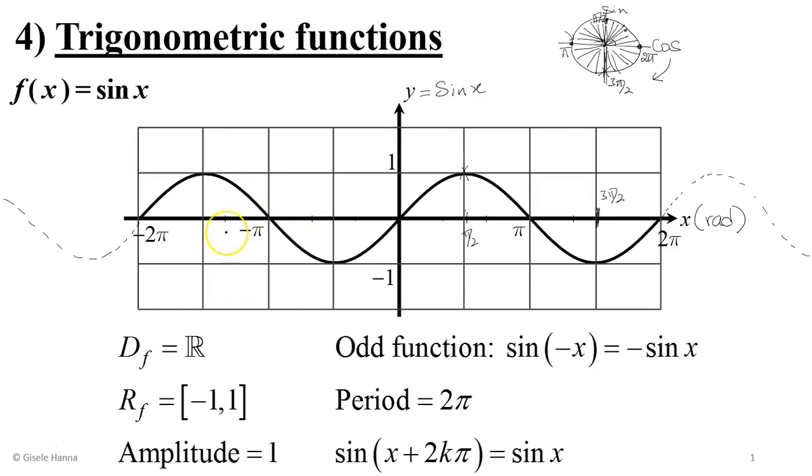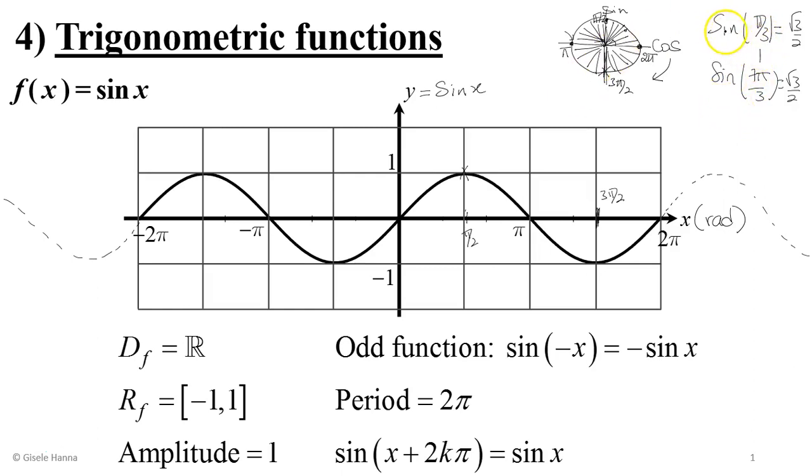To make more sense of that, if you remember, we said, for example, that if sine of pi over 3 is square root 3 over 2, then sine of 7 pi over 3 would still be square root 3 over 2, because pi over 3 and 7 pi over 3 differ by 2 pi, differ by a period of the function.